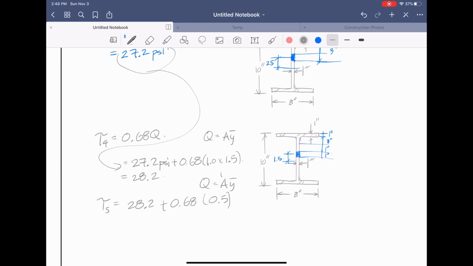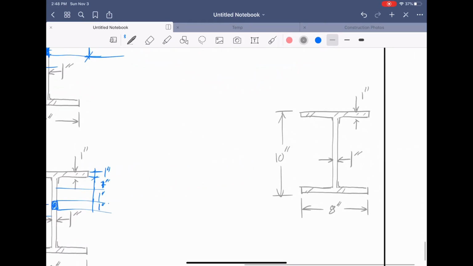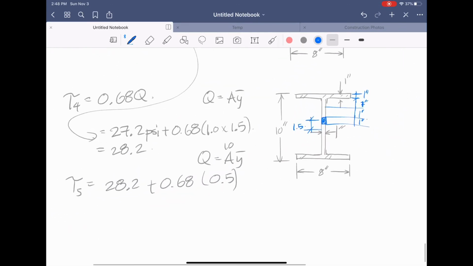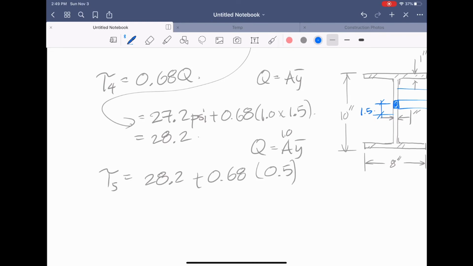Area, again, is 1.0, and Y, we said that it's this last segment right here. There to there is 0.5. So we find out that that value is 28.2 plus 0.68 times 0.5. It's really not that much of a difference.